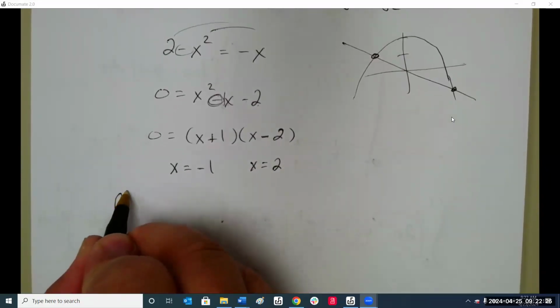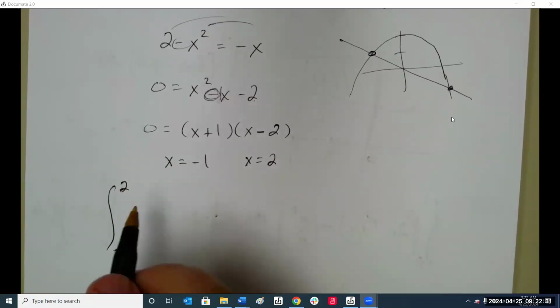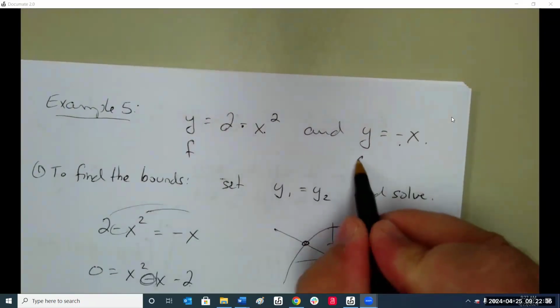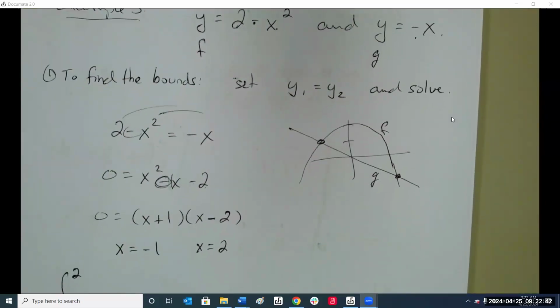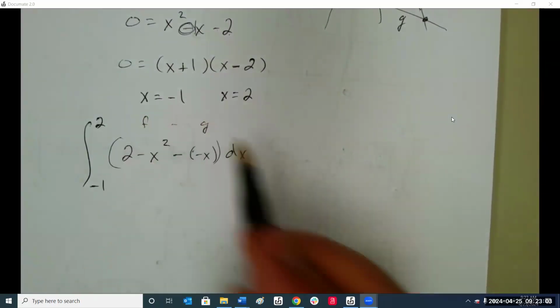So our bounds of integration, and we know that this is our F and this is our G. So we have the integral of 2 minus x squared minus negative x dx, because that's our f minus g.